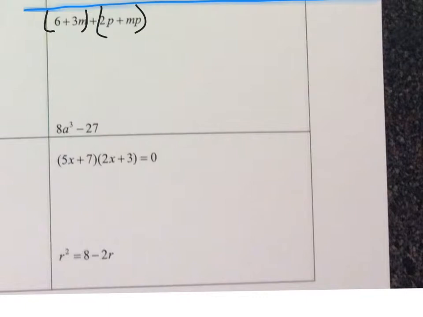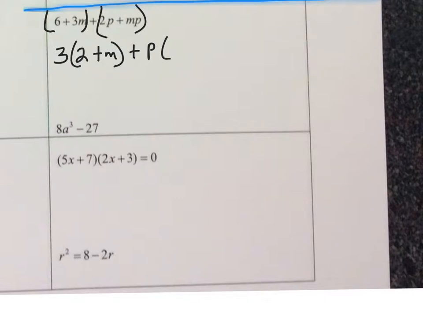How about 6 and 3m? What can come out of those? 3, okay. 3 out of 6 leaves 2. 3 out of 3m leaves m. Bring the plus down. How about 2p and mp? A p can come out.